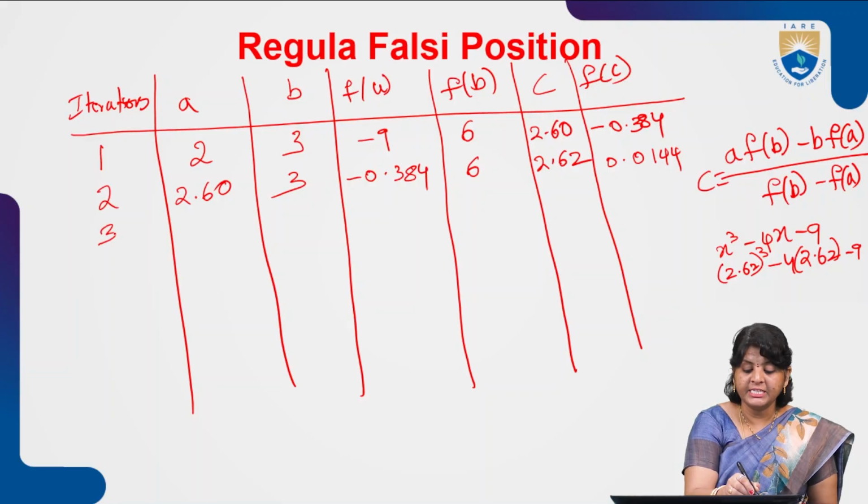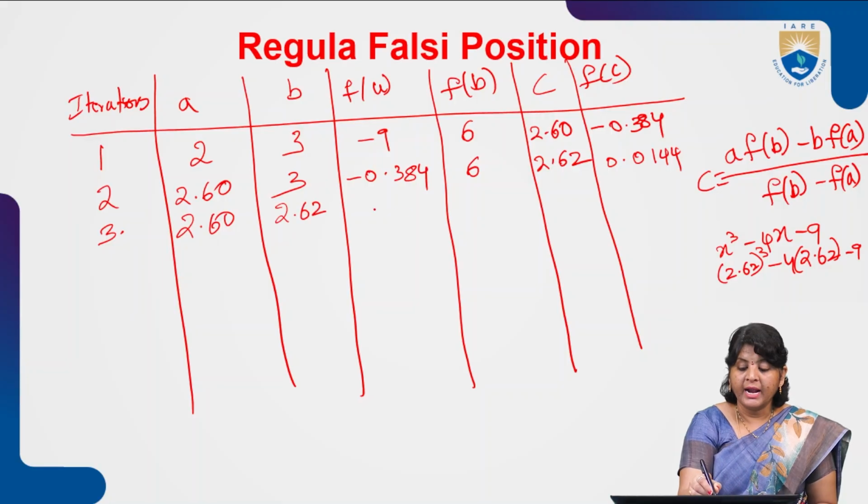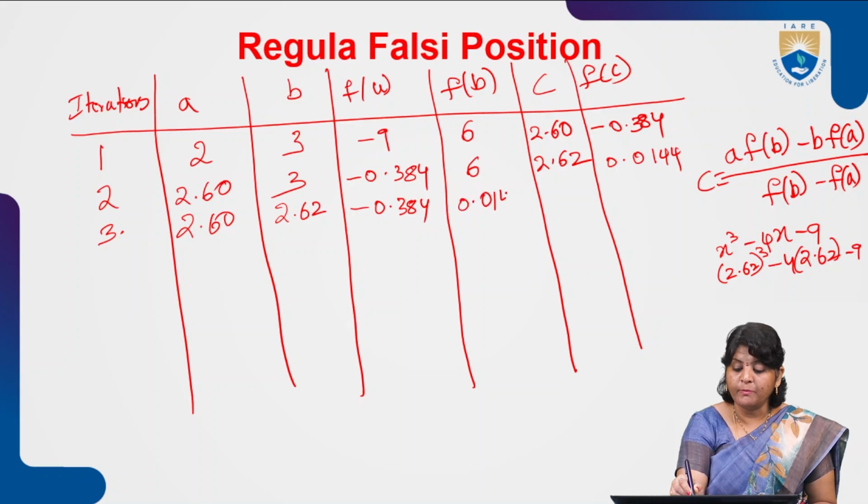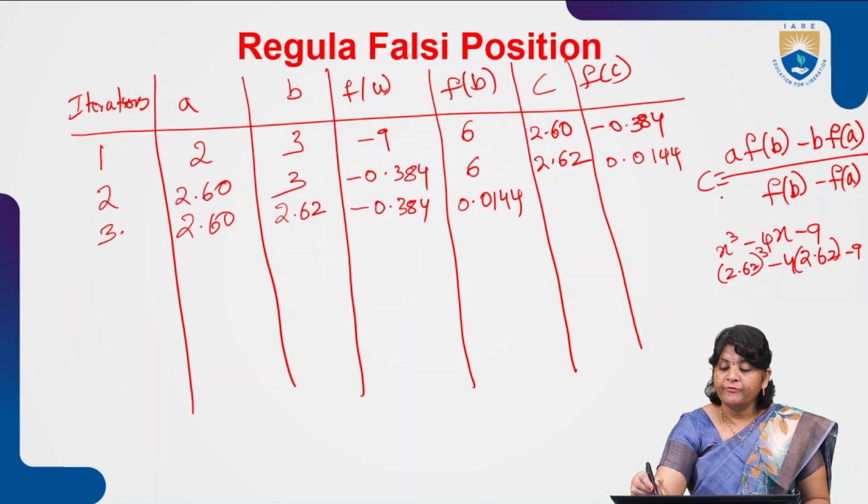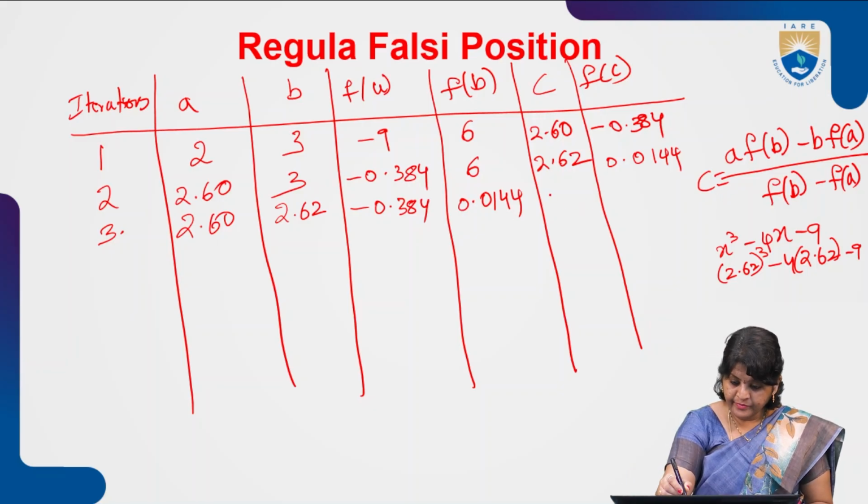So for the third iteration, the a value will be the same, but the b value will be 2.62, and f of a will be the same, f of b will be 0.0144. And now again, finding out the c value by using this formula, you will get 2.62 and the function value is 0.0144.